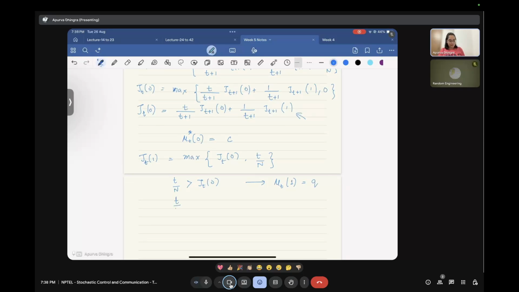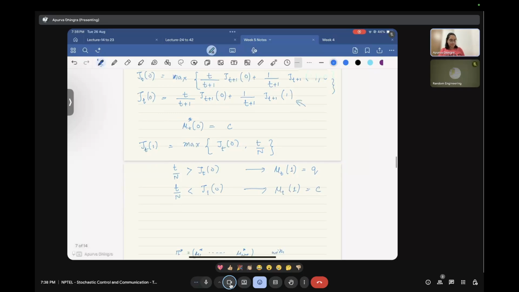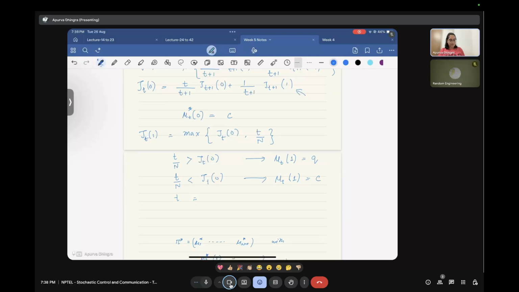If it's the other way round, Jt of 0 is greater, then you'd prefer to continue. If it's an equality, you can do either of the things, it doesn't matter. This is just coming from the way Jt of 1 is written. We didn't have to do anything more here.